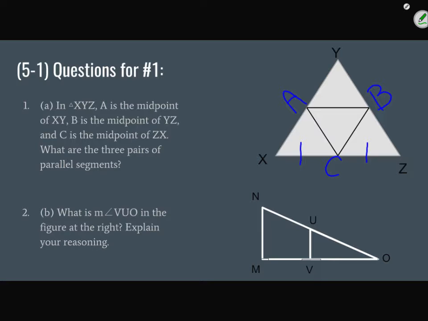So YA is congruent to XA. Then we have B is the midpoint of YZ. So then we have YB is congruent to ZB.